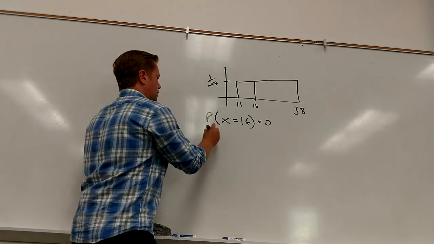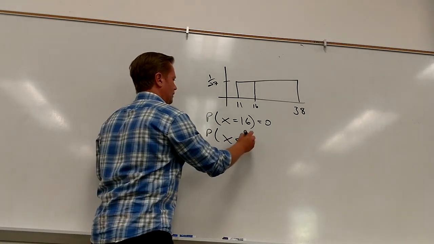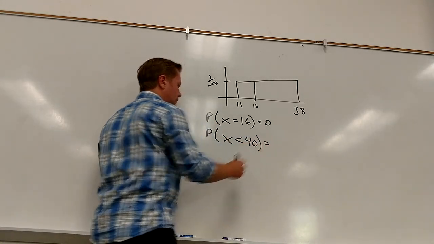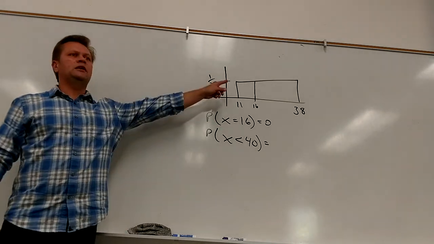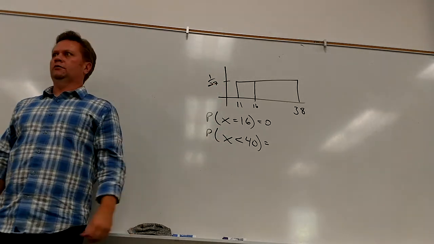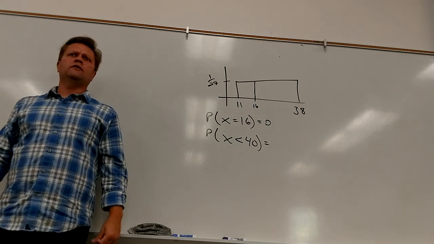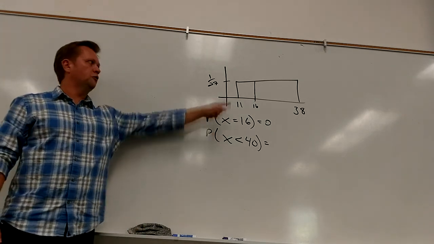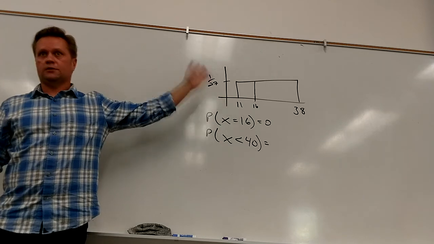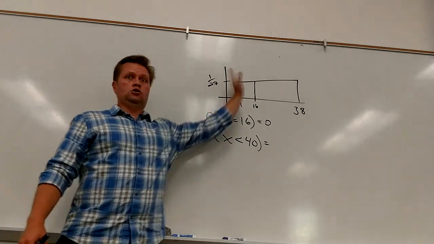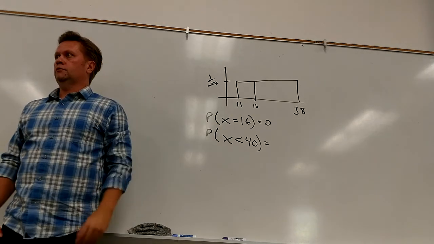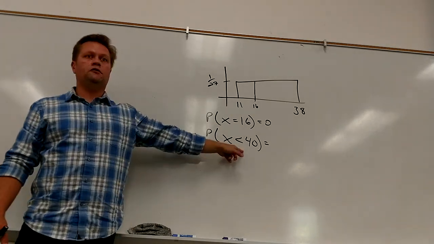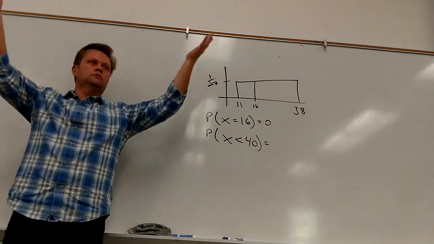The one you're asking about now, what if I said what's the probability x is less than 40? That is not a problem. How many of the possible numbers occur below 40? What are the possible numbers? 11 to 38. So how many of them occur below 40? All of them. So what's the probability I get something below 40? 100%.